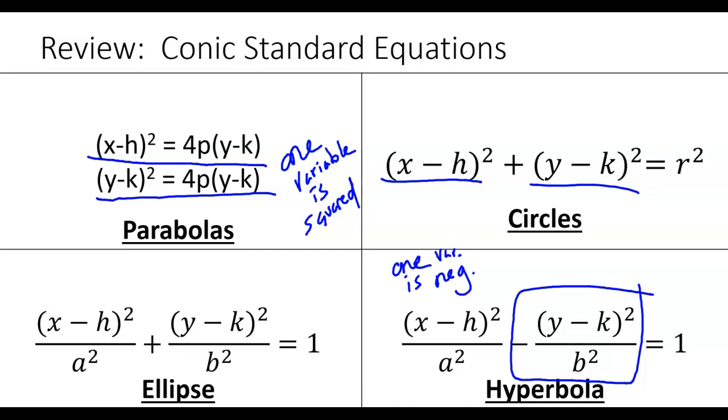So what's the difference? The difference is that with a circle, it equals the radius squared. Whereas if you wanted to divide by r squared, you could write it like this, where this is a 1 instead. So what makes a circle different from an ellipse is that the x and the y have the same coefficient.